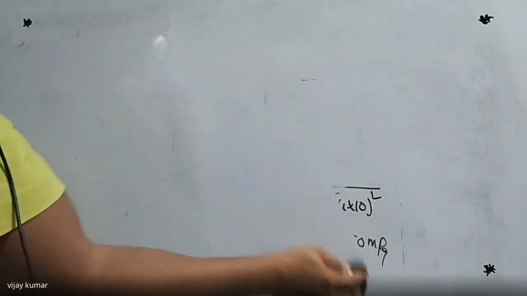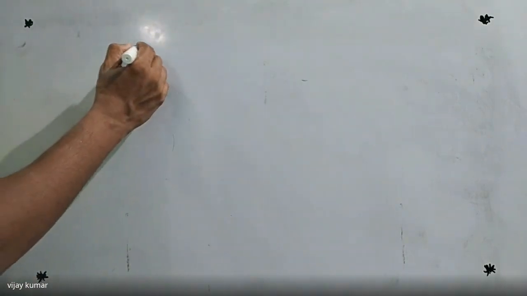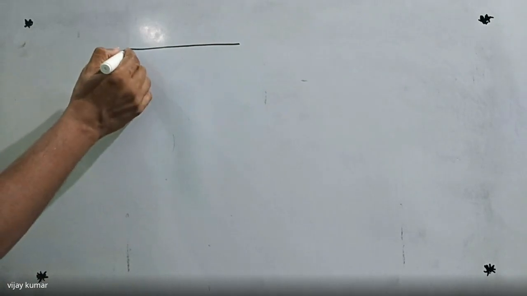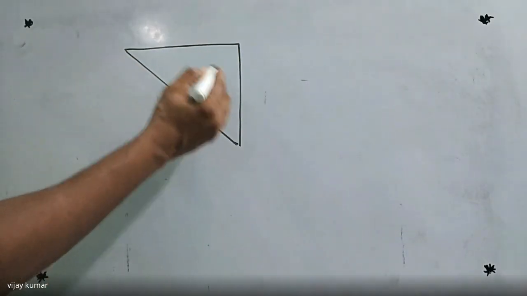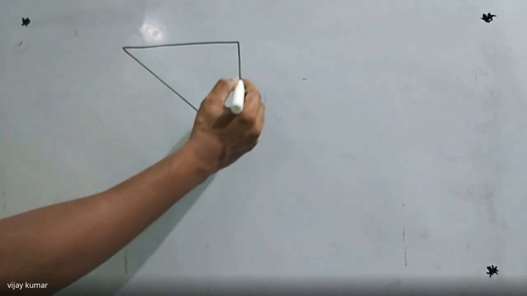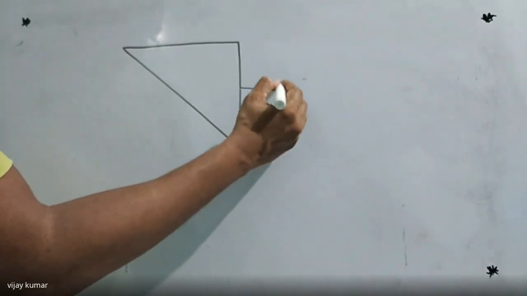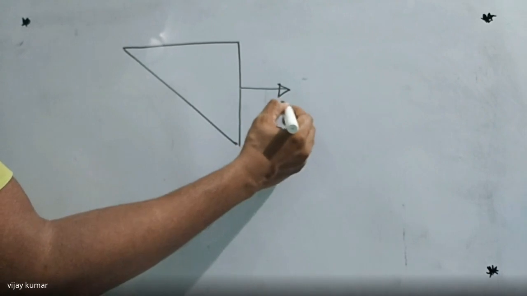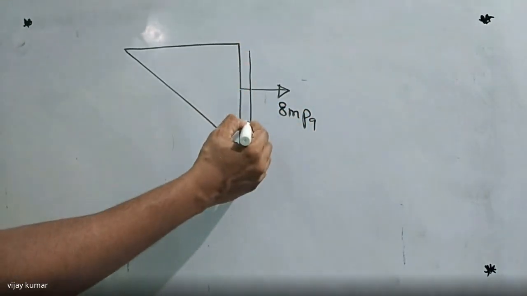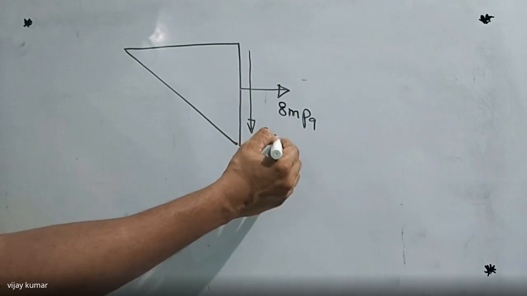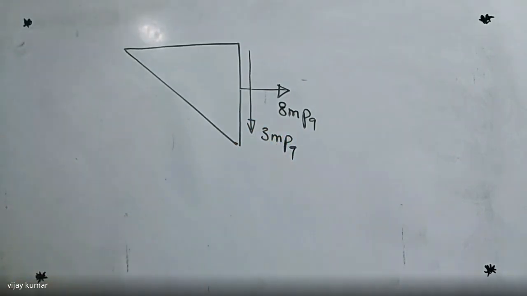Now listen carefully here. The question is given like this. This is the diagram given in the GATE examination. This is the horizontal plane. This is the vertical plane. On that plane, one stress is given, 8 megapascal, that is tensile. And one shear is given, 3 megapascals, parallel to the surface.